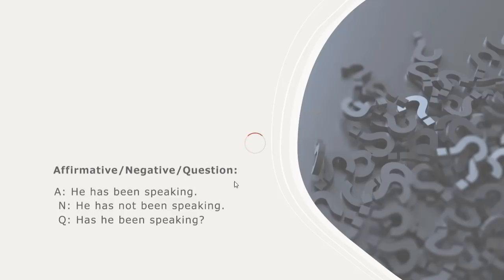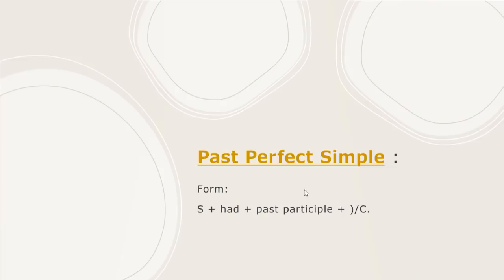So to make it easy, it is like past of past. Okay, past of past. The form is subject plus had plus past participle plus complement. Okay, when it is present, we have has here, but now we only have one, had. Okay, had, this one.